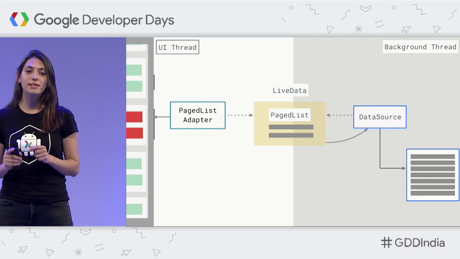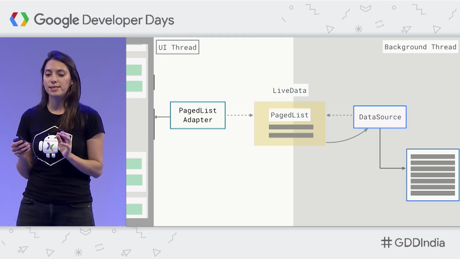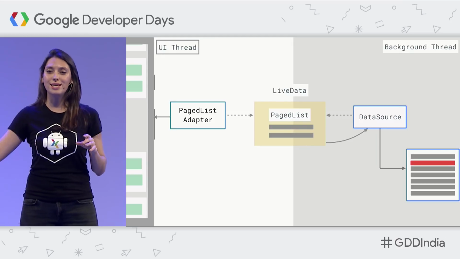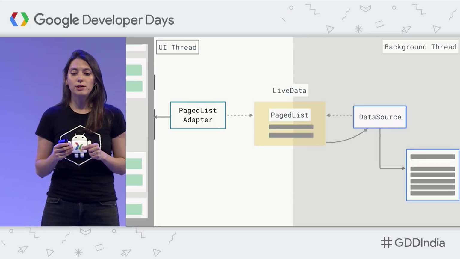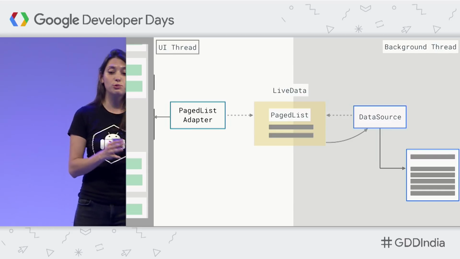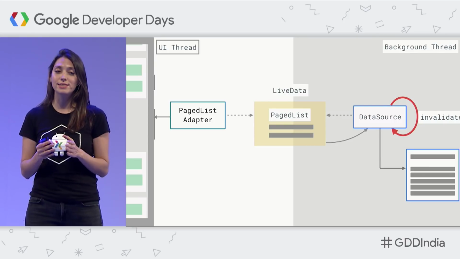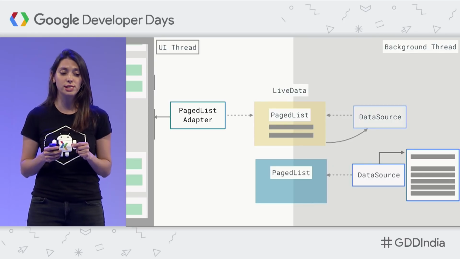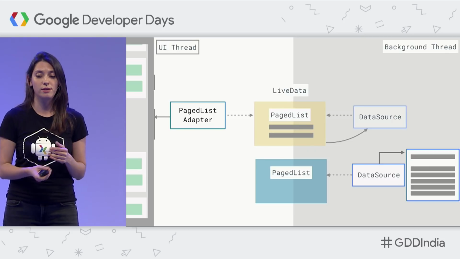But let's say that the user swipes away an item. So this means that the corresponding item in the database gets to be removed. So the database is updated, the item is removed. But because the source was updated, the data source is invalidated. And this leads to the destruction of the source and the recreation of the data source with a page list.